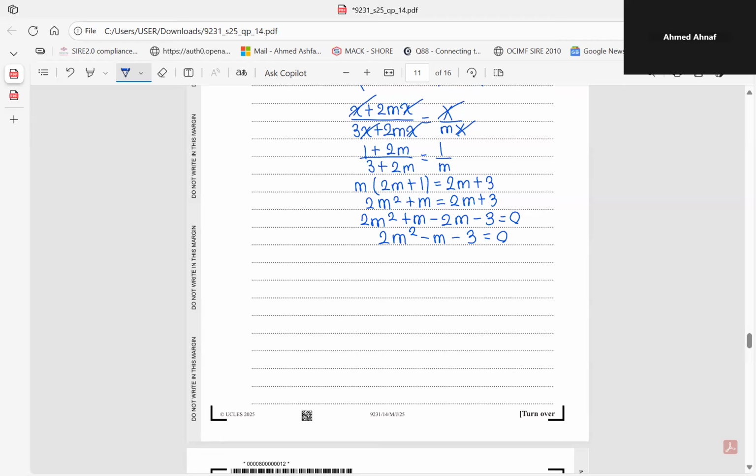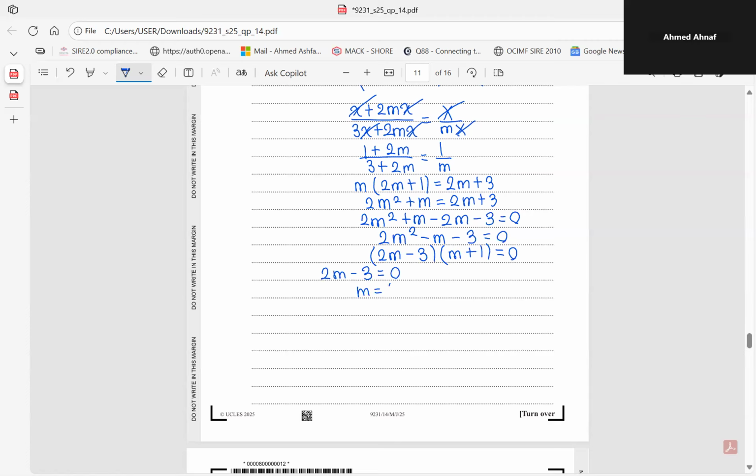I'm going to try factorizing it. So we got 2m minus 3 and m plus 1 equals 0.